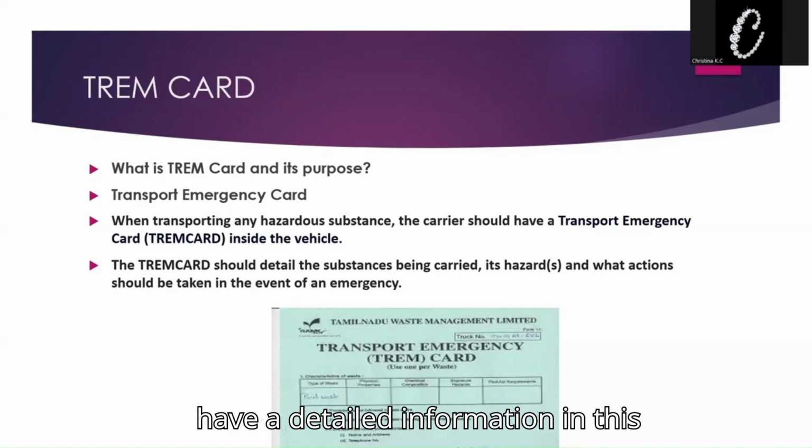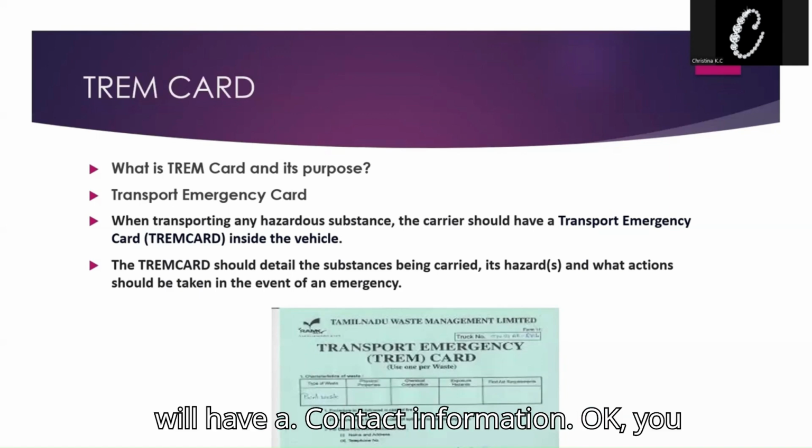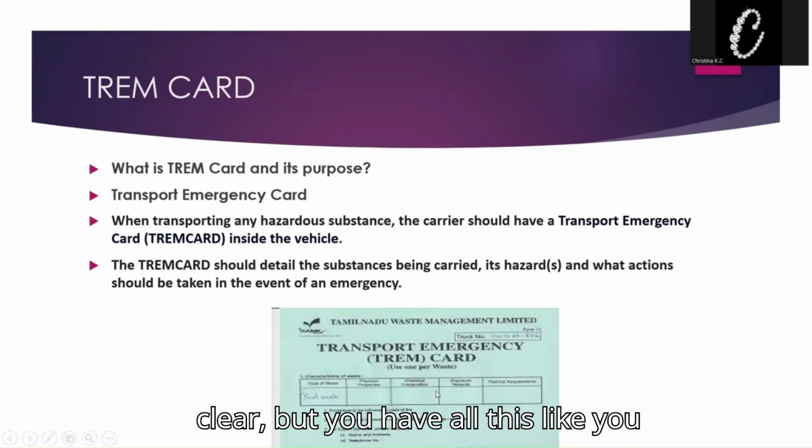You will have detailed information in the trem card. And finally, you will have contact information. This picture is not exactly clear, but you have all this.